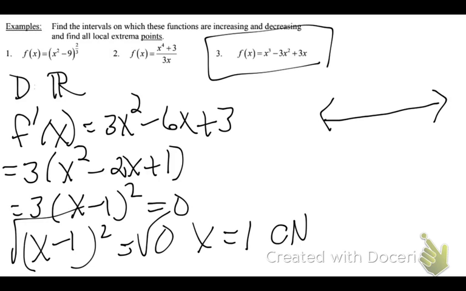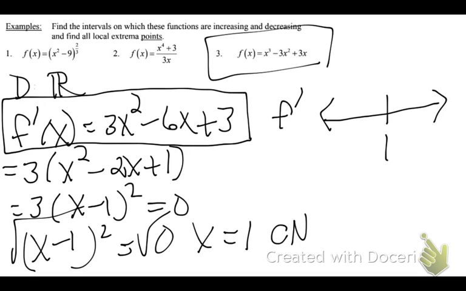So let's do our line for f prime, and our critical number is 1. All right, so let's see what happens. We're doing a test value between negative infinity and 1, so 0 is an easy one to do, and I'm plugging that into my derivative.